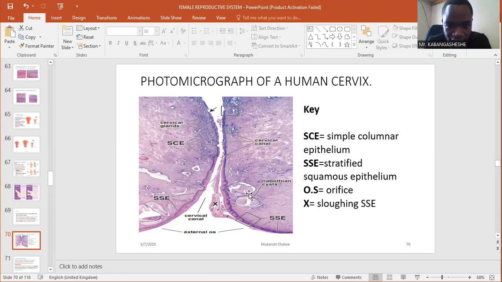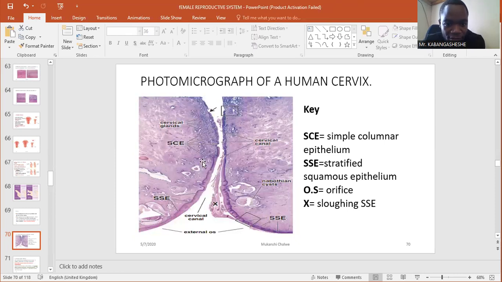So what you are seeing here are cysts where the gland is producing mucus, but the mucus is not leaving the gland because the duct is blocked. That is called a Nabothian cyst. Usually this type of cyst is non-cancerous. It will swell and swell, but it is non-cancerous and requires no treatment. They will just resolve on their own.